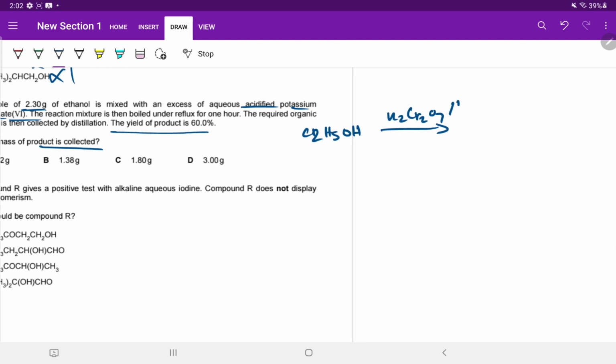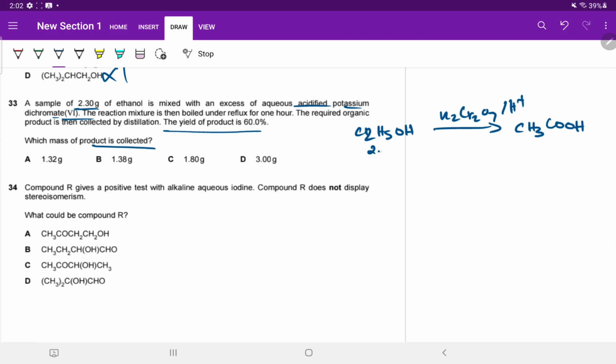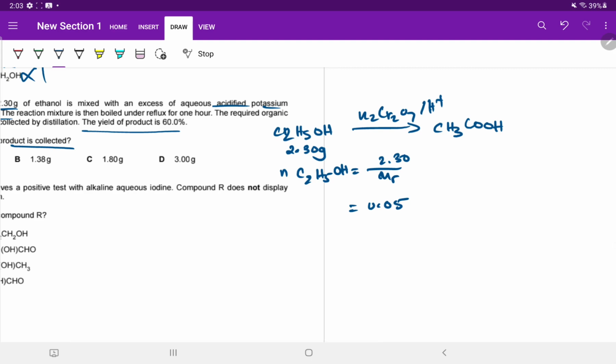So this is acidified. We know this is an oxidizing agent, so this will oxidize the alcohol into a carboxylic acid, which is basically ethanoic acid. Over here we have 2.30 grams of alcohol, so let's find out the moles of alcohol. Moles of ethanol is basically 2.30 divided by the Mr, so we get 0.05 moles of ethanol.